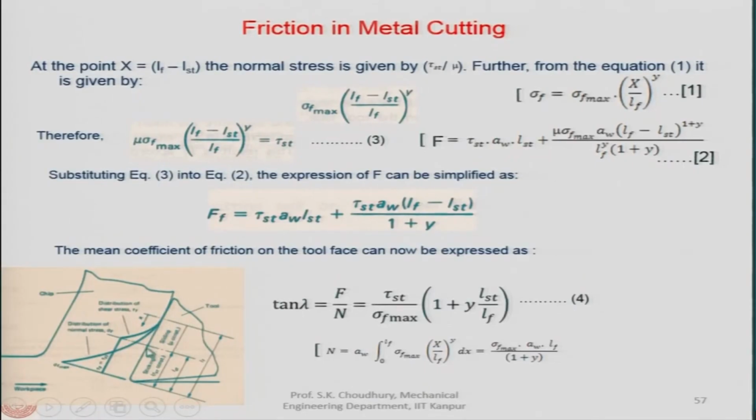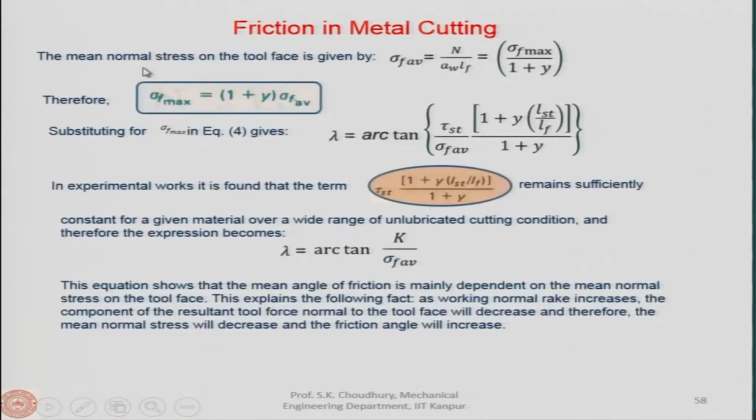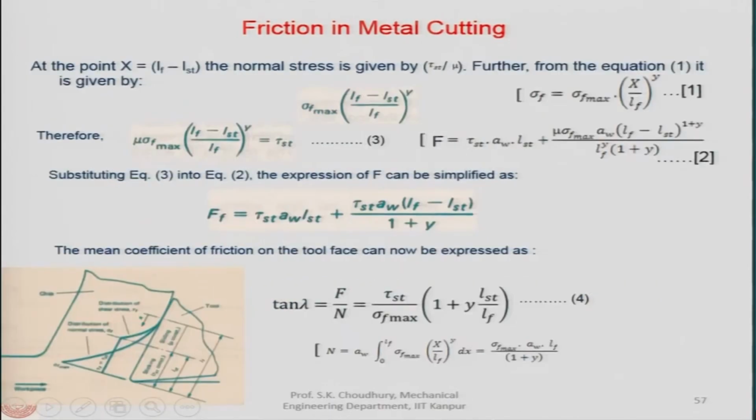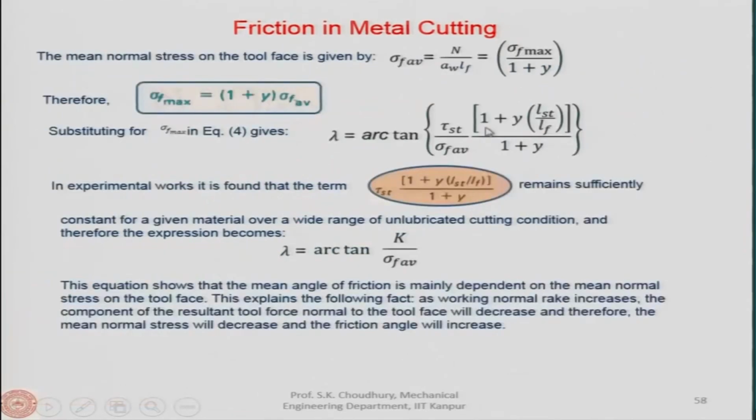So, this will be the mean normal stress on the tool face. This can be taken as sigma F max divided by 1 plus y, that we have derived here. Now, therefore, sigma F max we can find out as 1 plus y into sigma F average.